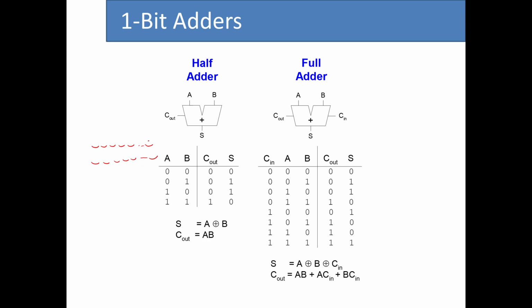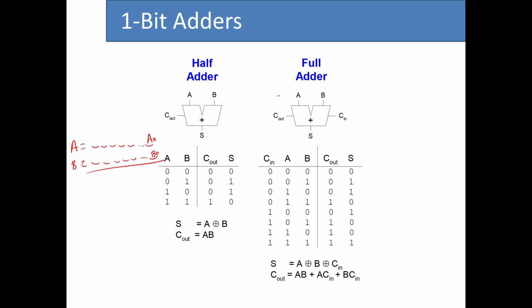Let's say this one is variable A, this one variable B. So if we call this A0, we call this B0, the result of summation for A0 plus B0 can be calculated by a half adder because we don't have any carry in from a previous stage. But for all of the other bits, we need to use a full adder.